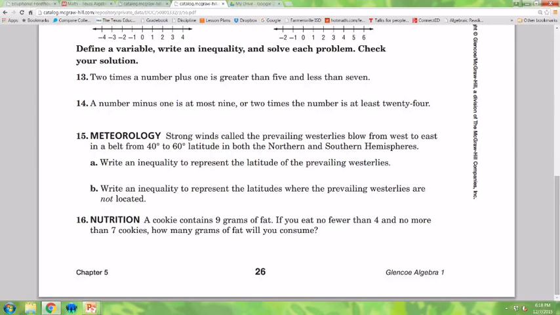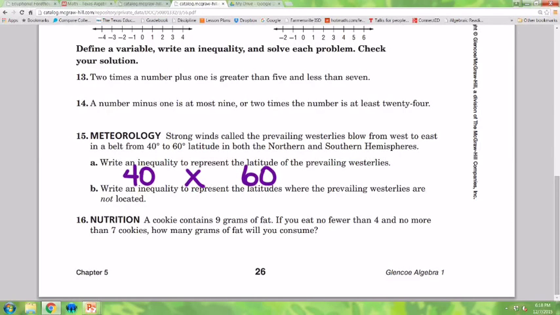So if I'm writing an inequality that is between 40 and 60 degrees, I can write it this way. I'm going to go ahead and put 40 and 60, and then the variable, you can use x or whatever letter you want, goes in the middle. And we're saying that x is between 40 and 60 degrees, and it can equal these values also.